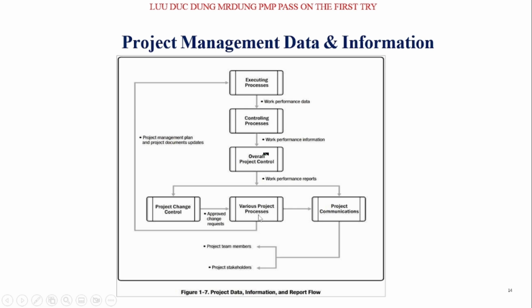As a project process, approve change request, we have project change control, and for this we have the project management plan and project document updates, and we have a relation between the project team member and project stakeholder.